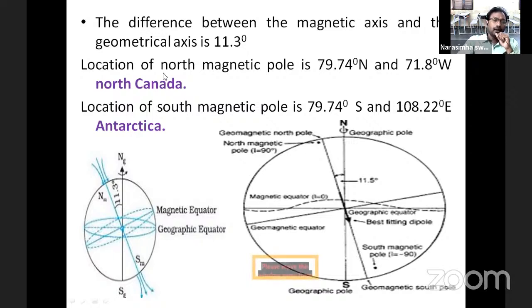If you observe the Earth at these latitudes, the magnetic north is at the top, and at the bottom, the magnetic south is located in Antarctica. So these places are exactly where magnetic south and magnetic north are present.